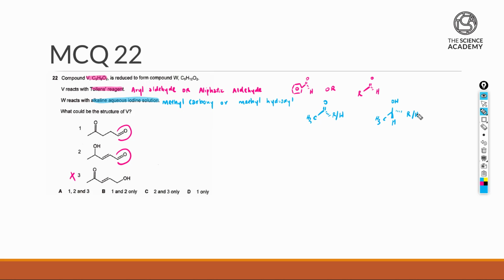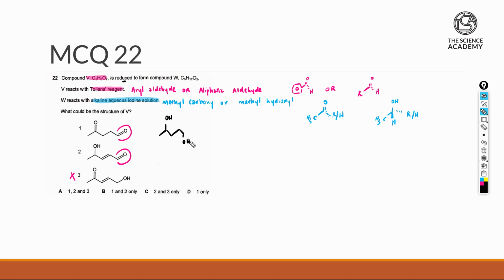So for 1 and 2, let's take a look at the structures we will get after a reduction, which is what the question has given us. For structure 1, the reduction of a ketone will get us a secondary alcohol, and the reduction of an aldehyde will get us a primary alcohol.